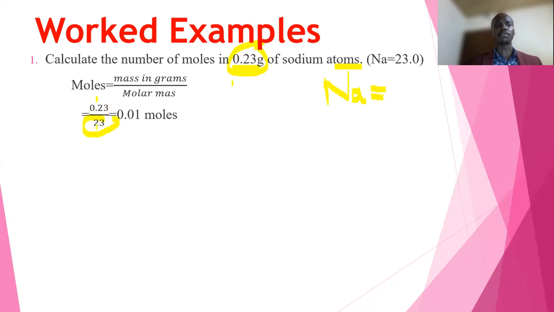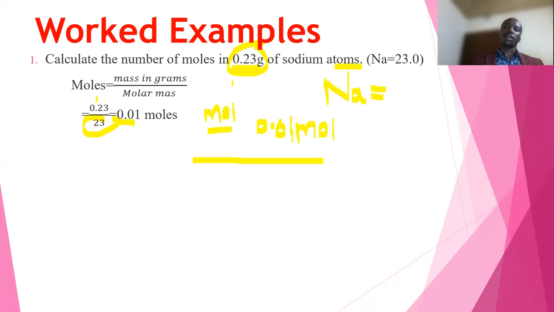So 0.23 divided by 23, we get 0.01 moles. The symbol for mole is mol, like that. So you can write it as 0.01 mol, and you will be very much correct.